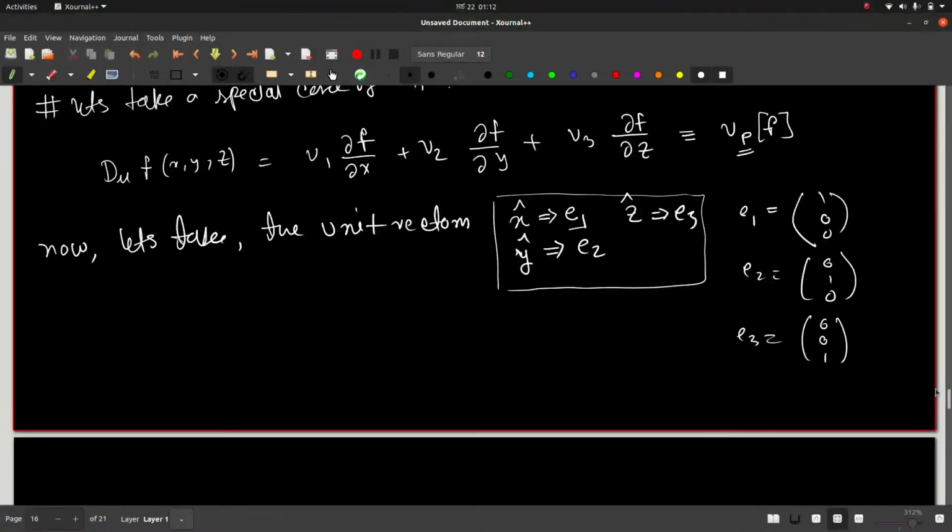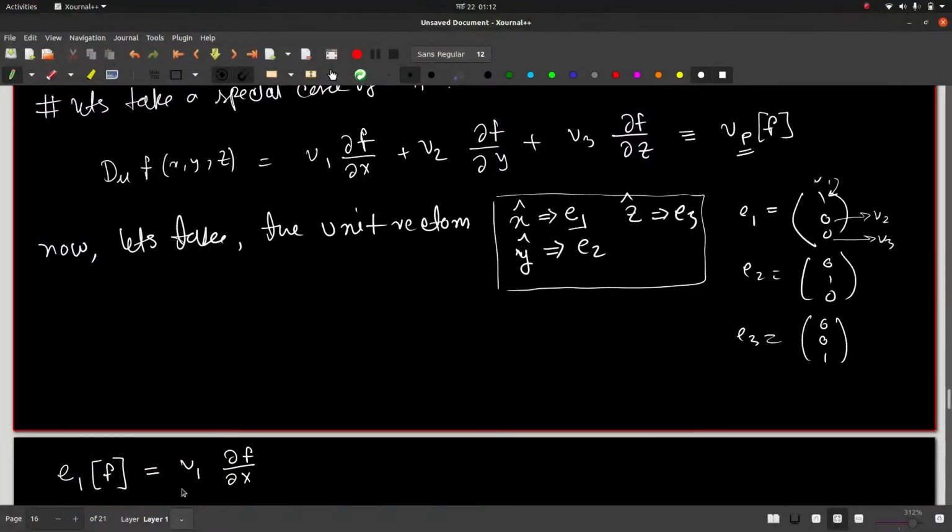All right, so if you do that, you can easily see that e1 of f will actually give you v1 times the partial of f with respect to x, but since the component v1 of e1 is actually 1, because this one can be regarded as the v1 component, this is the v2 component, this is the v3 component, right?